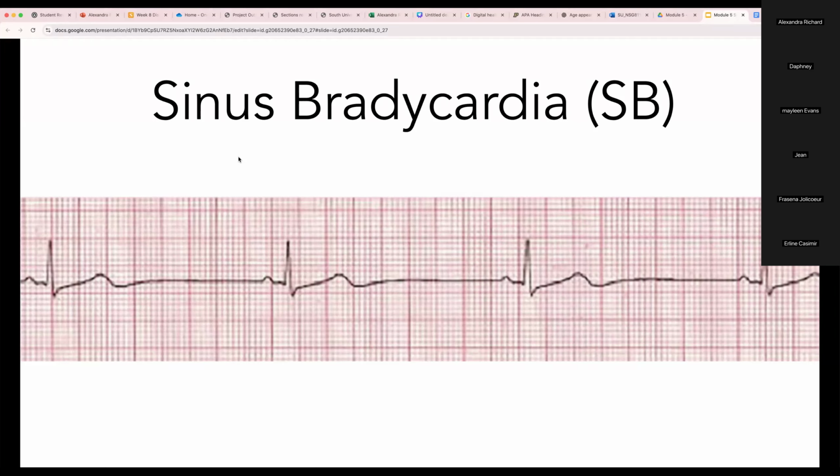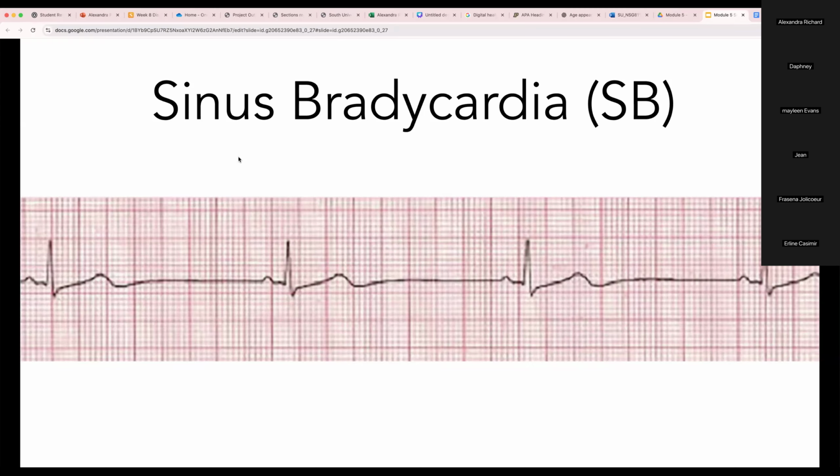So how do we treat bradycardia? Do we treat all bradycardia the moment the patient has bradycardia, or is there one characteristic we're looking for to determine if we have to treat it? Very good. So you only have to treat bradycardia if the patient is symptomatic.